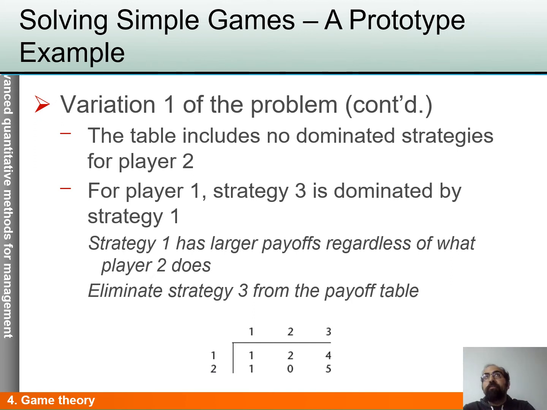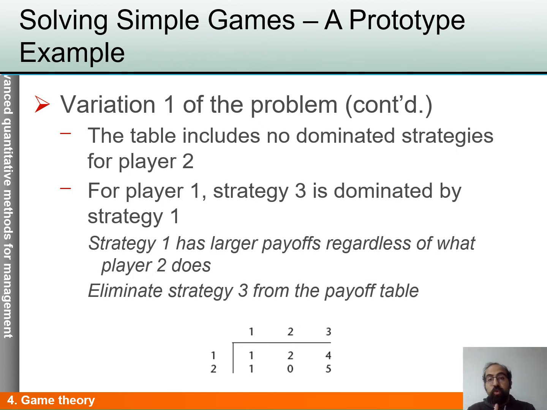And from the other point of view, the better strategy for player 2 is equal or less than. Why less than? Less than means less loss. Okay, less loss means more profit for player 2.